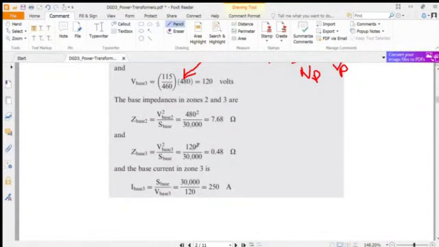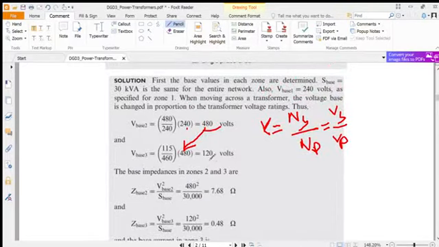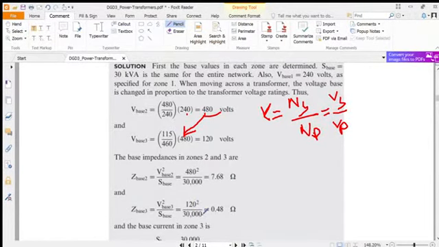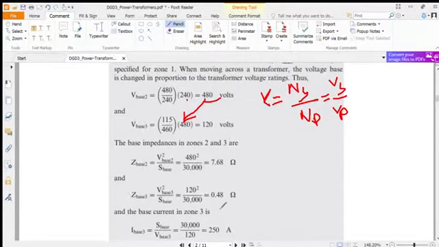Similarly in zone 3, the base voltage we found is 120, so according to the formula, 120 squared divided by 30,000. So here you get the base impedance.